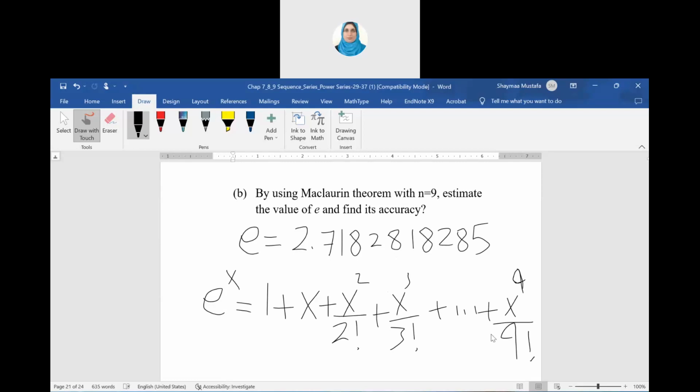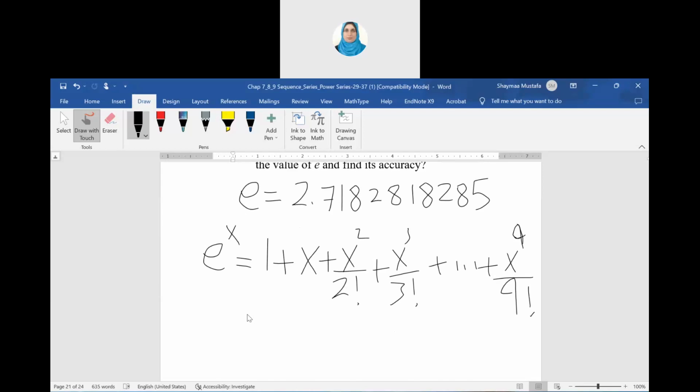We need to calculate this. When I need to find the value of e, it means x equal to 1. To get e, x should be equal to 1.